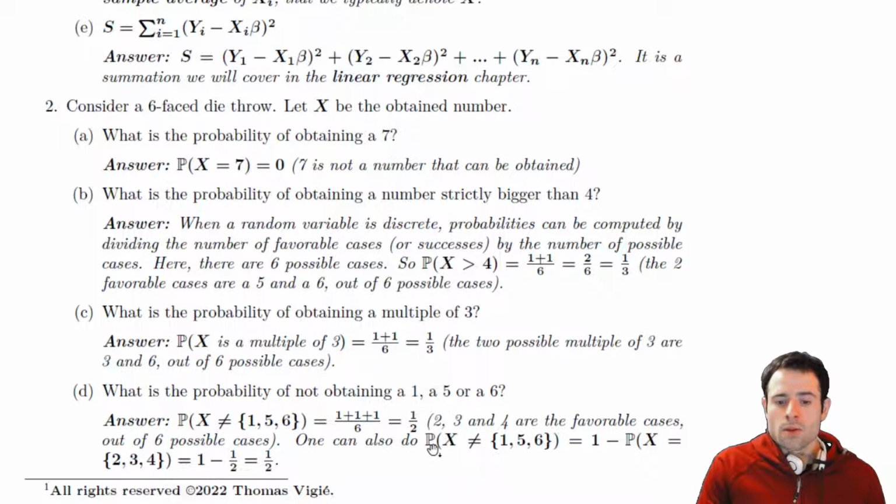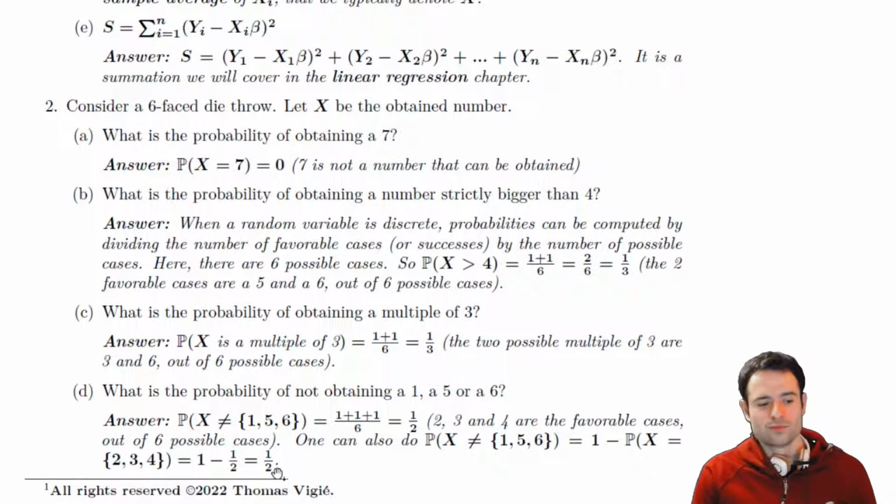So the probability of x not being this is equal to 1 minus the probability of x being that. Here, in fact, there is a mistake. There should be a difference here. And again, that would be a chance of 1 over 2. So 1 minus 1 over 2 will give you another 1 over 2.